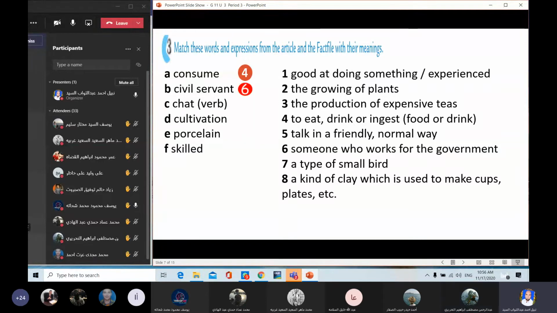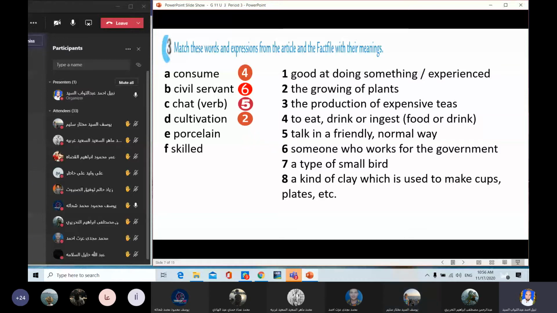Government. Very good. Muhammad Majdi, chat. Number 5, talk in a friendly, informal way. Thank you. Okay, good. Yusuf Sayyid, cultivation. Number 2, the growing of plants. Very good.